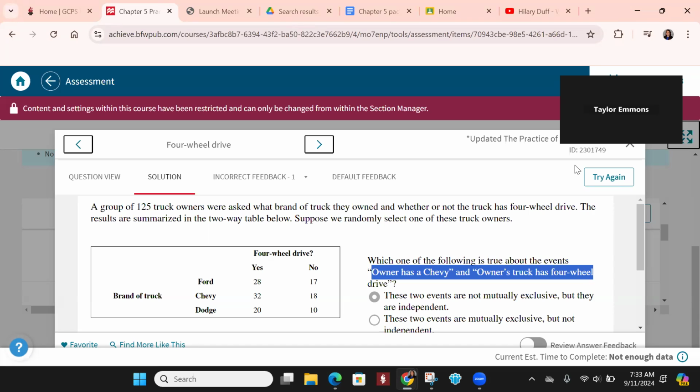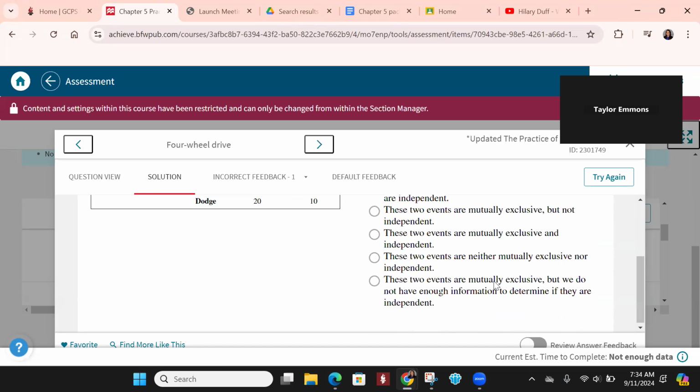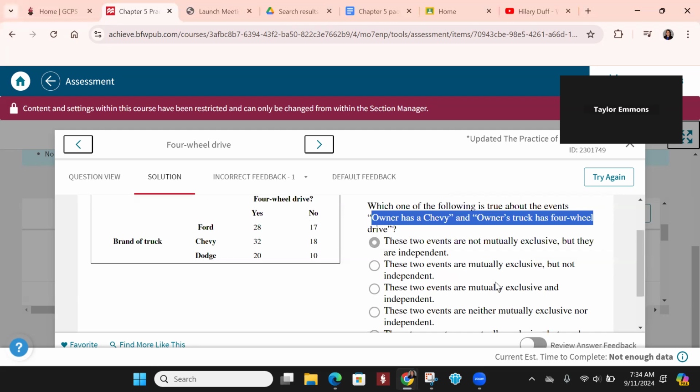Are they mutually exclusive events or not? Are there Chevy trucks that have 4-wheel drives? Okay, so they're not mutually exclusive. So we got that part, right? That can narrow us down to this one, the only one that says not mutually exclusive. So there's that. But what about independent?